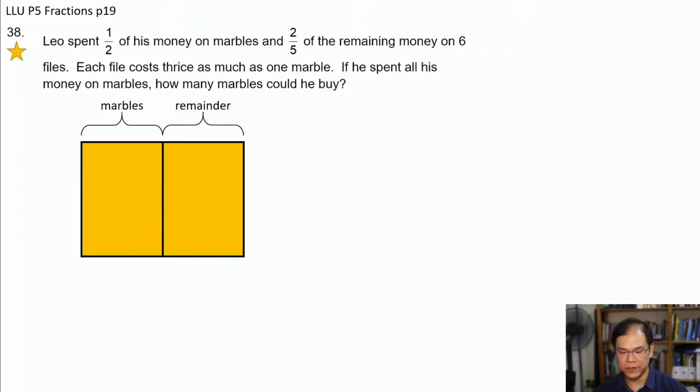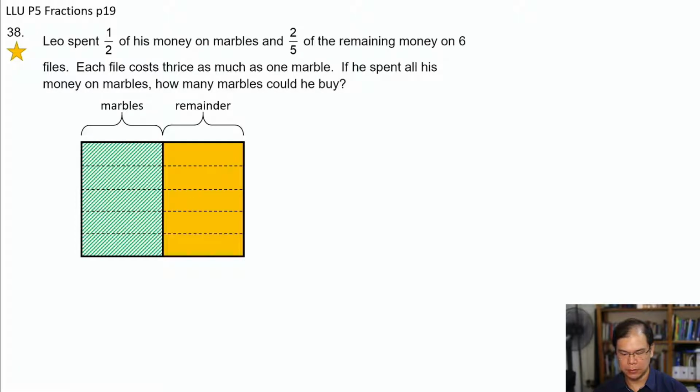Okay, and 2/5 of the remaining money on 6 fowls. So inside these 2 units here is 6 fowls, and each fowl costs thrice as much as 1 marble.